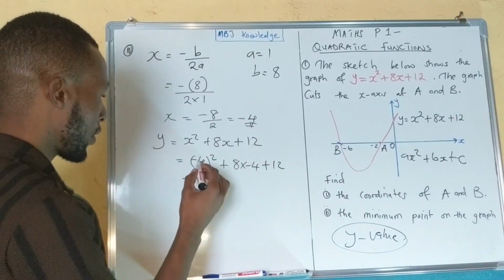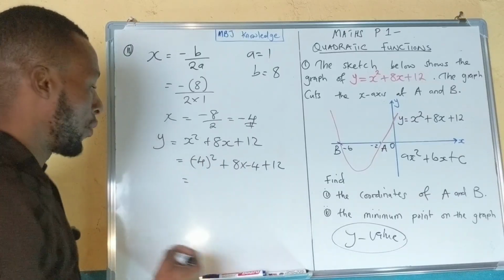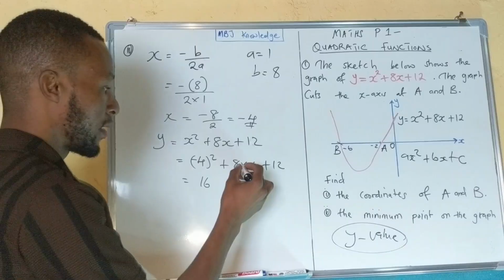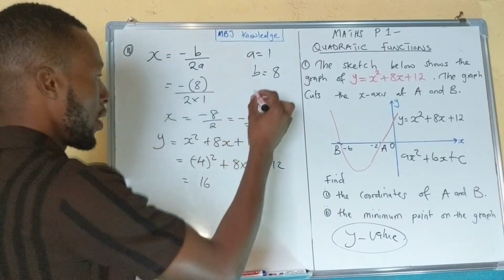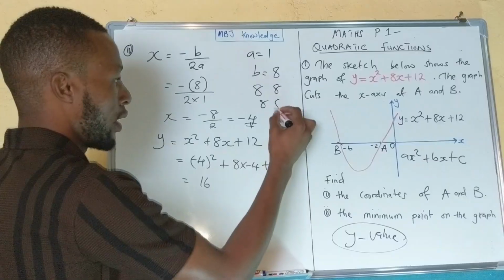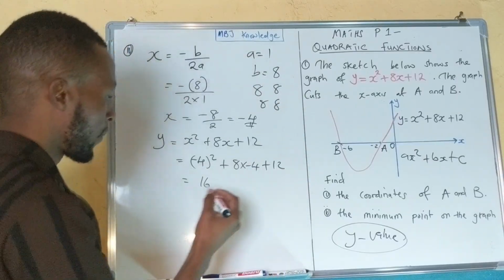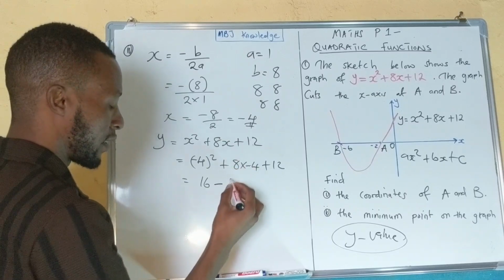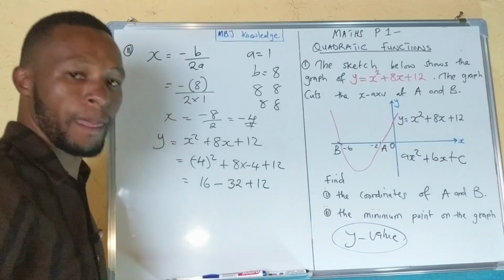Then here negative 4 squared, that is negative 4 times negative 4, which is giving us a positive 16. Then here 8 times negative 4 gives us a negative 32. So negative 32 plus 12.